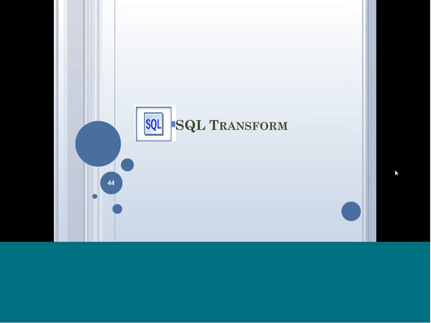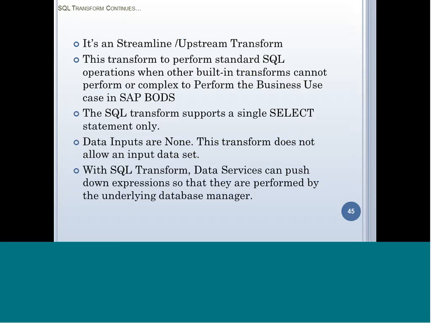So SQL transformation is called a full push down transformation. It is also called a streamline transformation or upstream transformation. Upstream transformation means that in a given mapping logic within your data flow, the SQL transformation is used always at the very first of your mapping design.